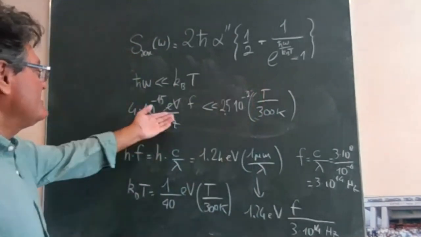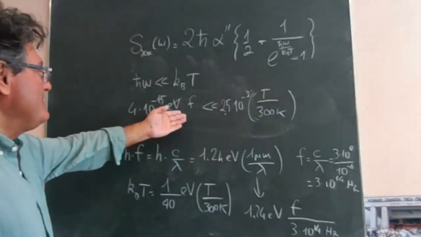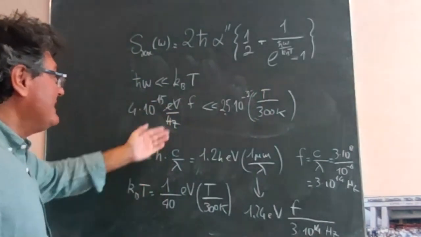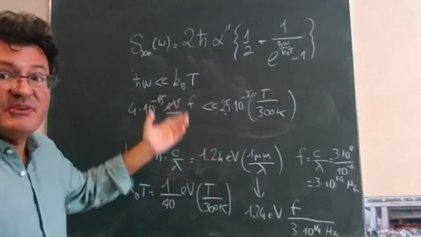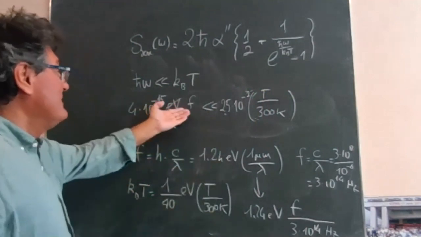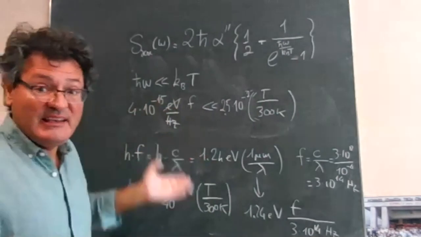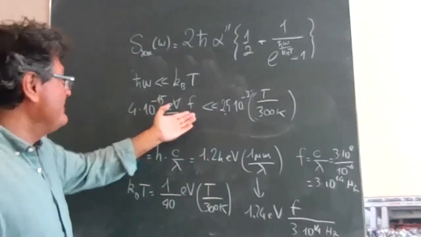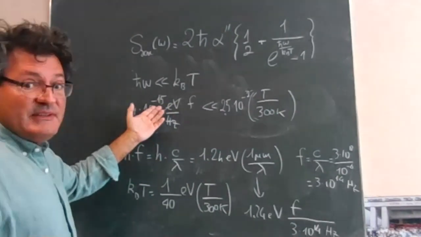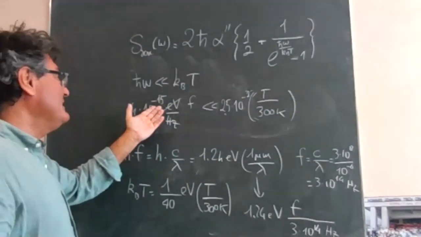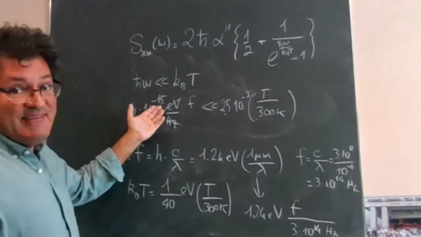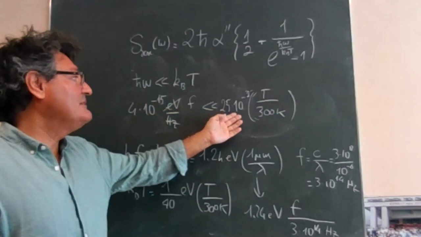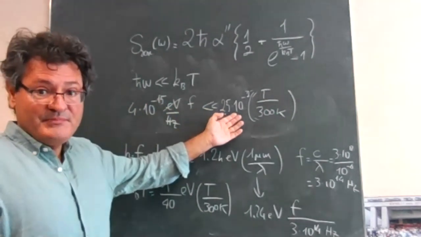You will see that at the frequency of a gravitational wave detector, for example, the highest frequency that we can imagine, 10 kilohertz, we are at 10 to the 4 times 10 to the minus 15, so 10 to the minus 11. Here we are at 10 to the minus 2.